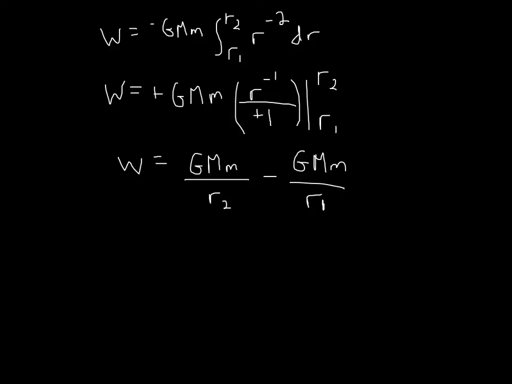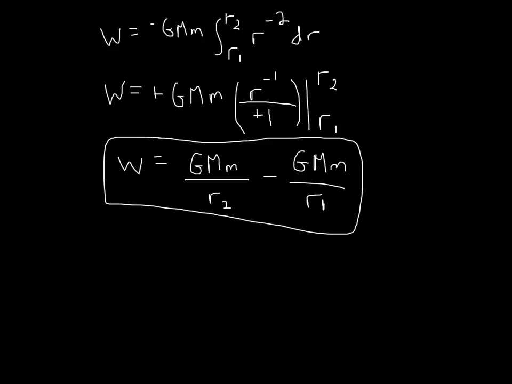So this is the work that's required to change my orbits. So I can see that my orbital gravitational energy, U, is going to be equal to negative G times m divided by r.